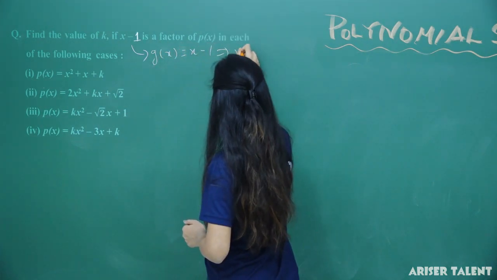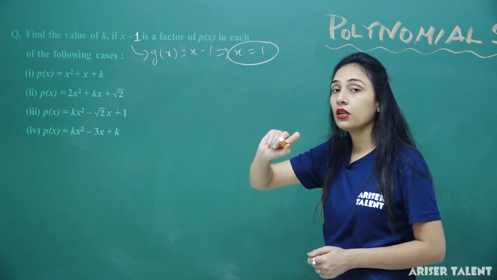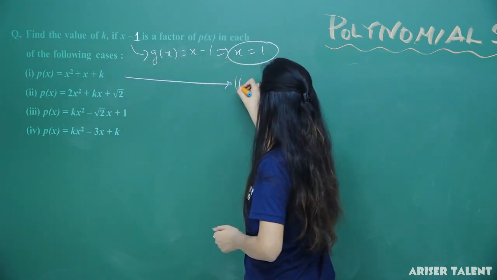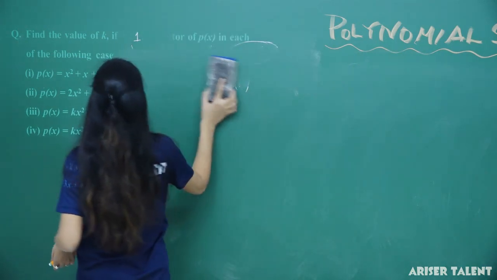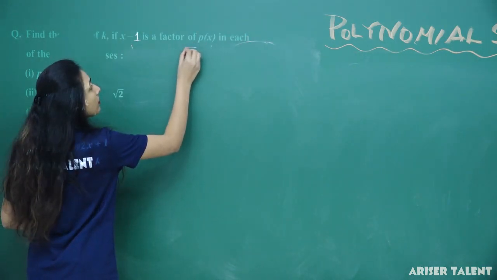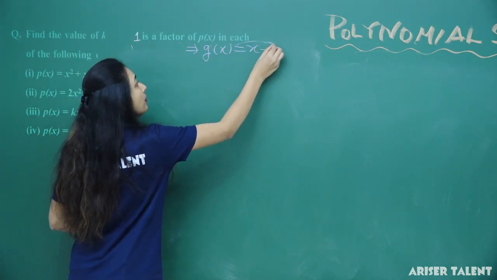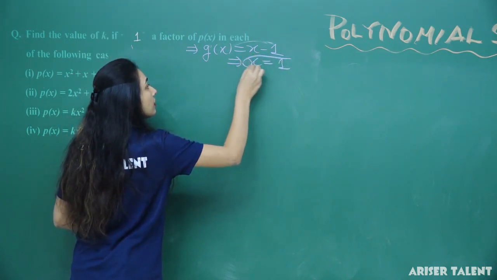That means x equals 1. We have to write x equals 1 in each and every term. Talking about the first one, g(x) equals x minus 1 implies x equals 1.